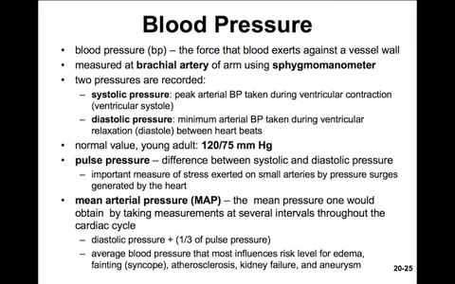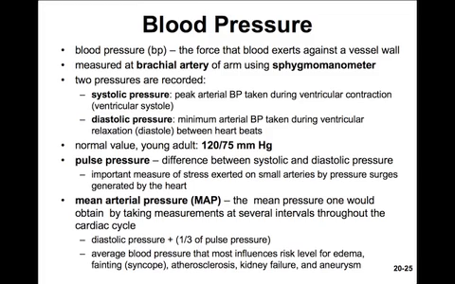Blood pressure is the force that blood exerts against the vessel wall. It's often measured in the brachial artery of the arm using a sphygmomanometer. Pressures are recorded as systolic pressure and diastolic pressure. Systolic pressure is the peak arterial blood pressure that's taken during ventricular contraction, or ventricular systole.